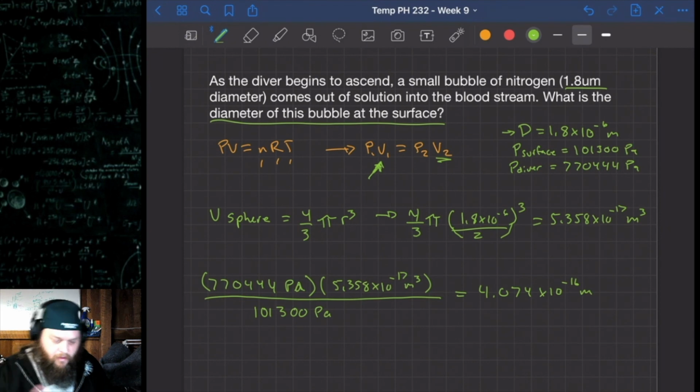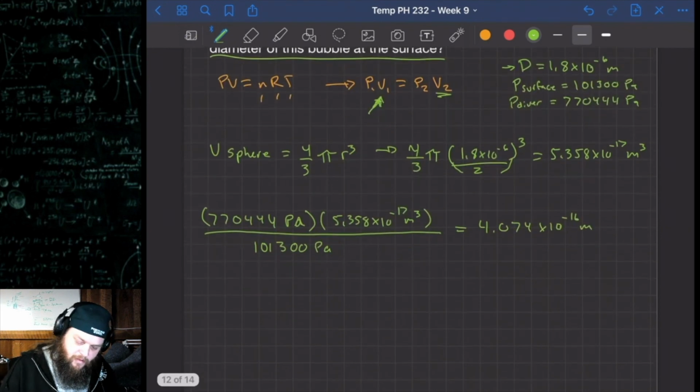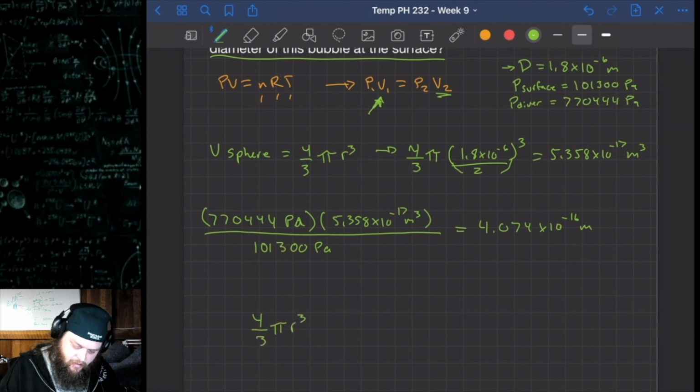So we want to know the diameter of it. So we can, again, now using that same 4/3 pi r cubed, that's equal to that volume. So that's equal to 4.074 times 10 to the negative 16 meters cubed.